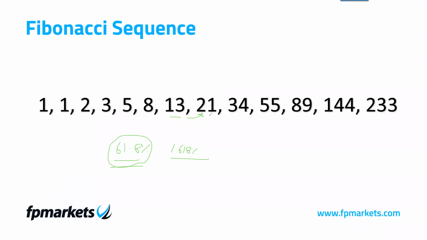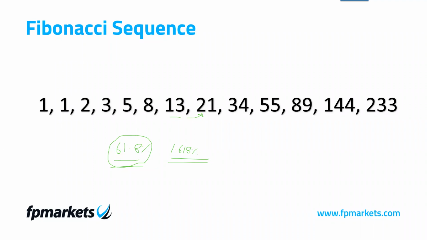We can also find the 1.618, which is known as the golden ratio, actually, or the golden mean, or phi. We can find this by taking the inverse of 0.618. And both numbers are found throughout nature and biology. Therefore, they are deemed important levels for traders.